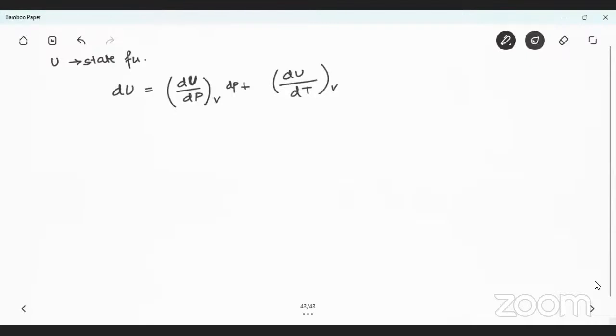I'm doing it on the next page. So we know that U is a state function, right? So dU is equal to dU by dP at constant volume times dP, plus dU by dT at constant volume times dT.